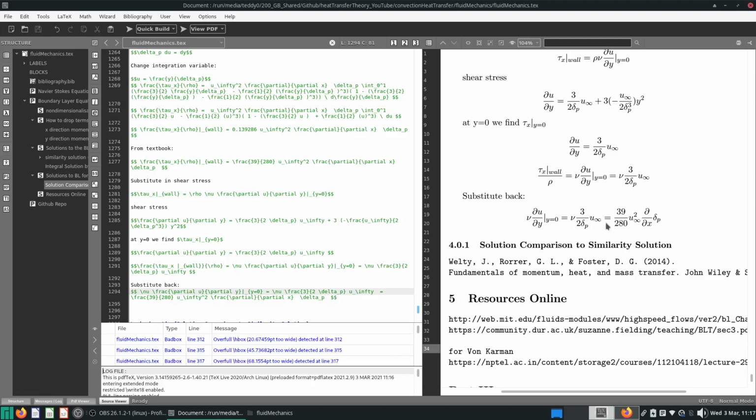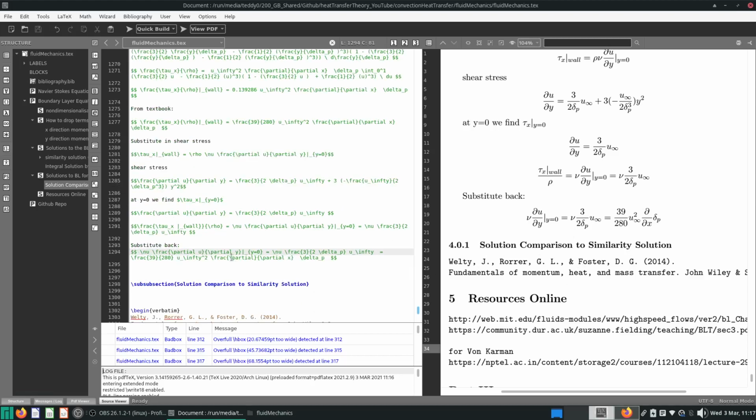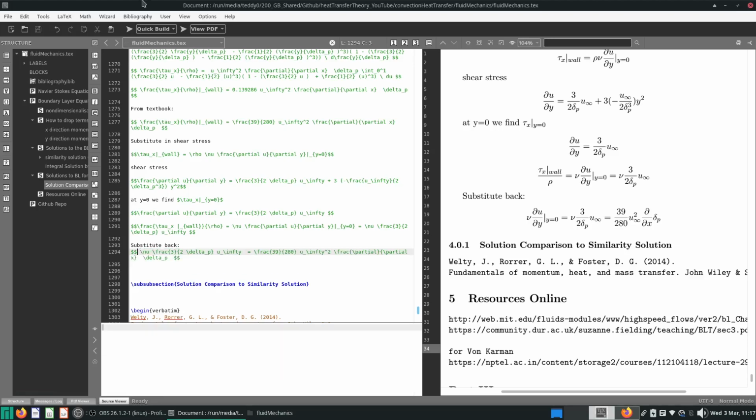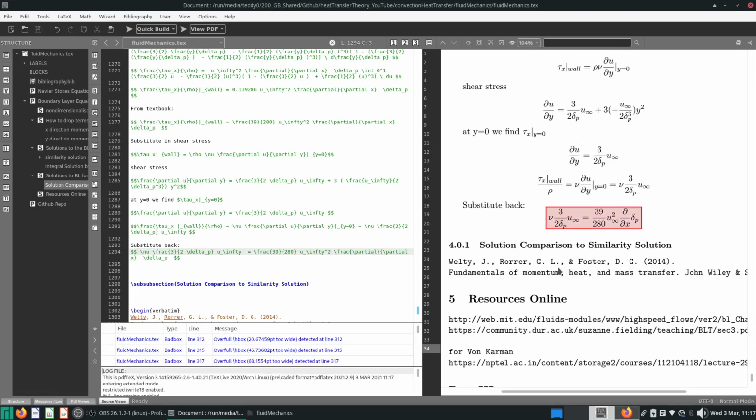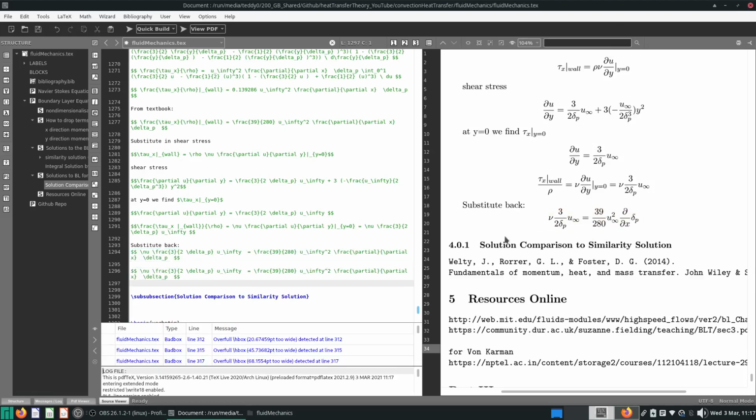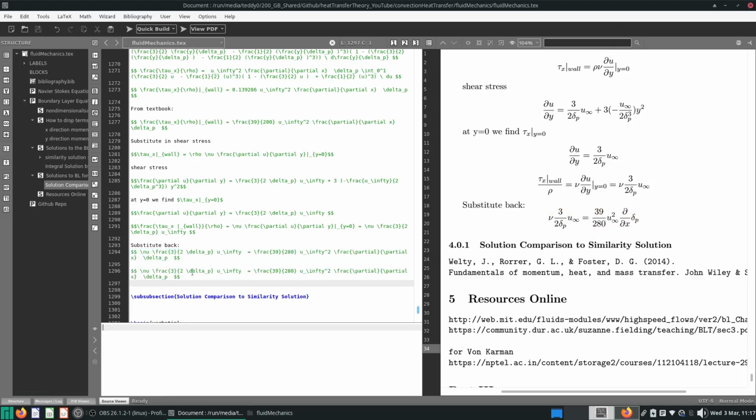Of course, you can do some multiplication over. Oh yeah, I think I want to get rid of this part. Okay, tau x wall over rho is equal to this. You just substitute wholesale. So we can cancel the u infinities out here and here.